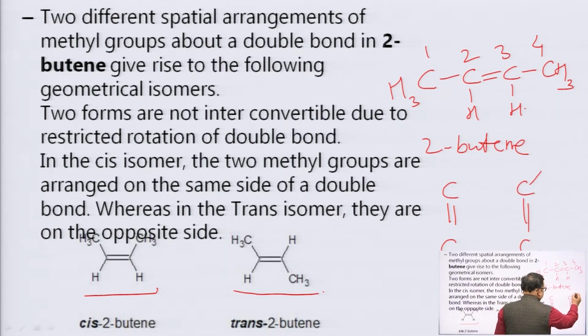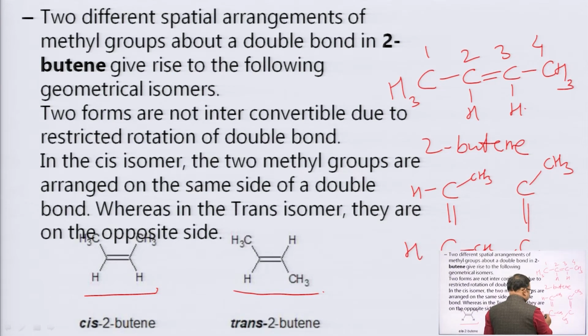See, these two methyl groups are present opposite to each other. These two methyl groups are present on the similar side. 1, 2, 3, 4, same structure, so I am representing 1, 2, 3, 4.